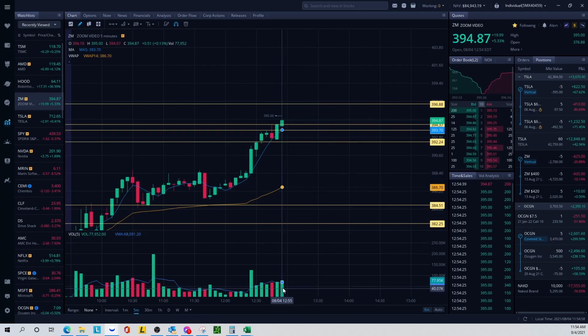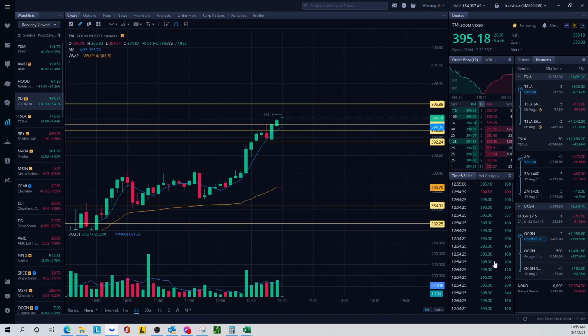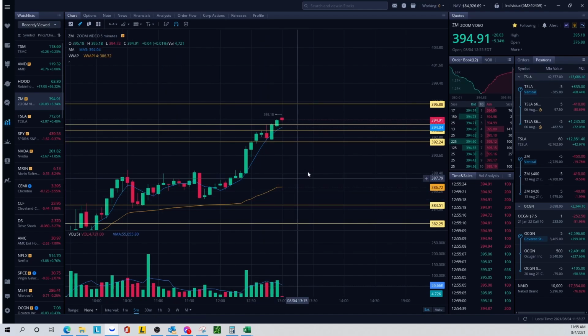You see the volume picking up in this area, and you also see a lot of green on the tape, which would indicate a lot of buyers buying up the stock at the ask price to a certain point, and then you'll see a pullback. So no need to rush. Just sit here and wait for confirmation on which way the stock's going to move.